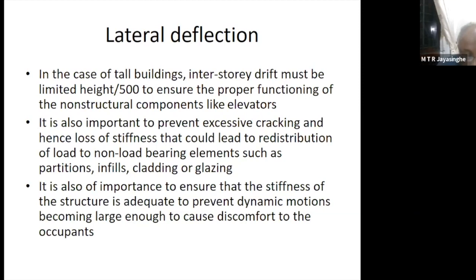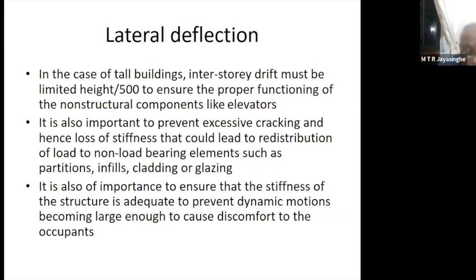The reason is if the deflection between two floors is more than height/500, then you might find the operation of the lift may be a little difficult, because the lift has to go not in a vertical path but in a curved path.